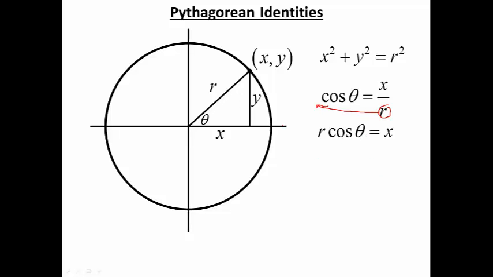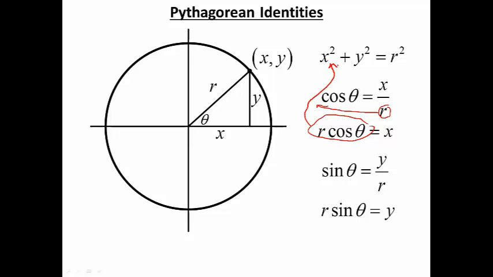I can do the same thing with my sine ratio. Move the r upstairs, y equals r sine theta. Now you might, at this point, start to realize what we're actually going to do. X squared plus y squared equals r squared. Well, here's what x equals. We're going to take that and plug it in right here.